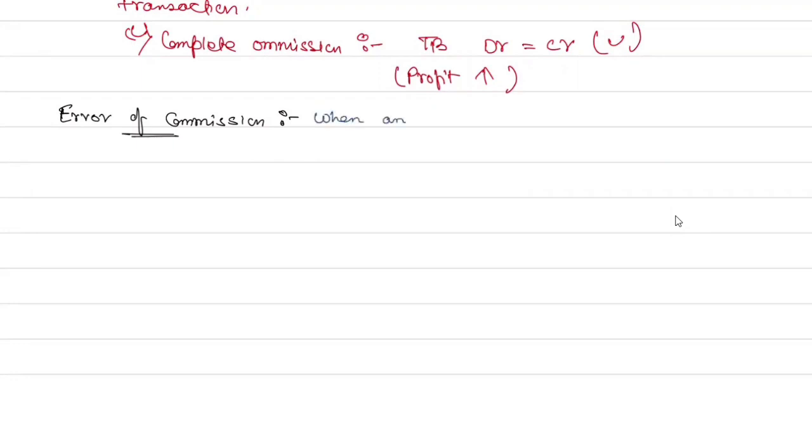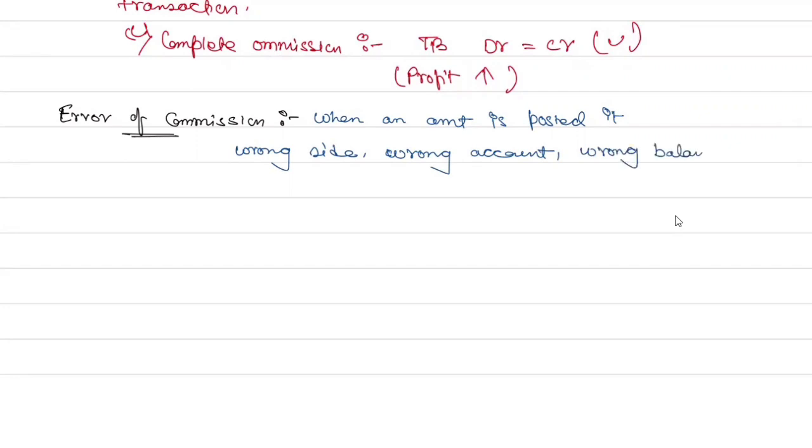When an amount is posted in the wrong side or wrong account, wrong balances carried forward, or wrong totaling, then it is known as error of commission.